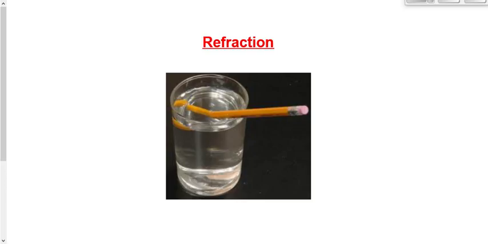That tricks us into thinking the pencil is bent. It tricks us into thinking this portion of the pencil is where I see it right now, whereas really, we know that the pencil is straight and it's going straight into that water. Does that make sense? The bending of a wave, in this case specifically the bending of visible light as it goes from the water to the air, tricks us into thinking the pencil is bent.